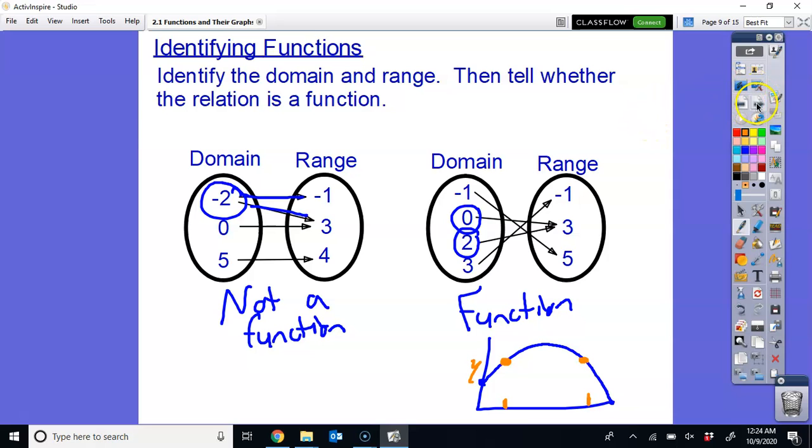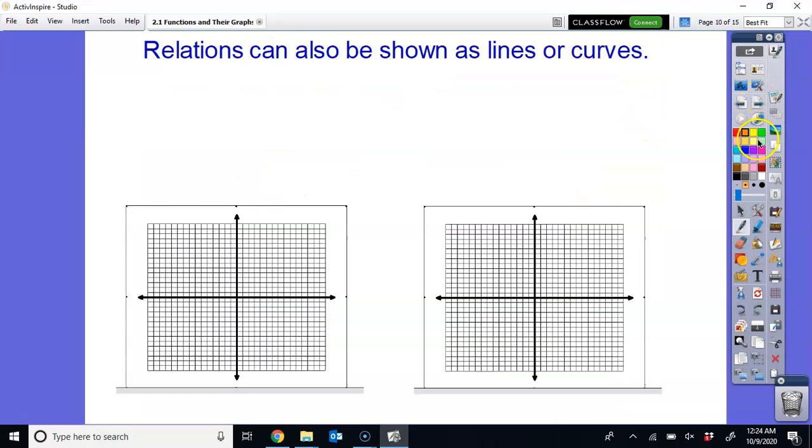The next thing that you need to recognize and know about functions is that they can be lines or curves. Functions can have straight lines, linear functions is what we're going to look at with those, or they could have curves, like something like this we're going to look at, or even something that has sort of a curve like this. It's kind of funky looking, but that is still a function because each input has only one output. You're not going to see things like this, even though this is normal, it's a circle.